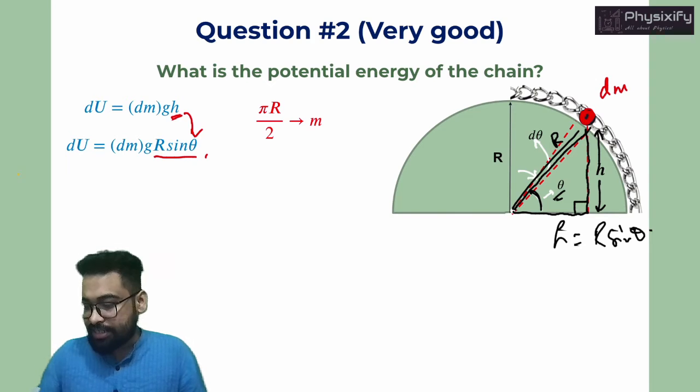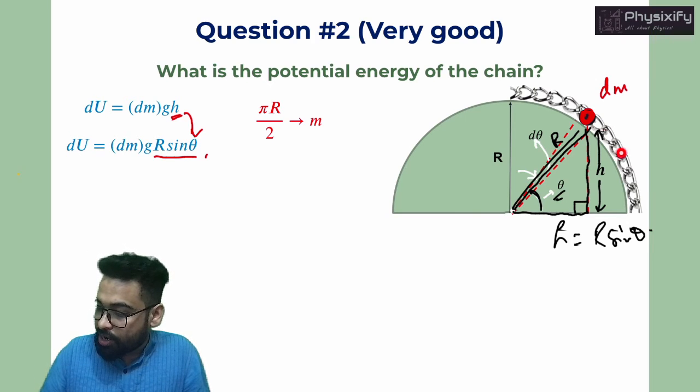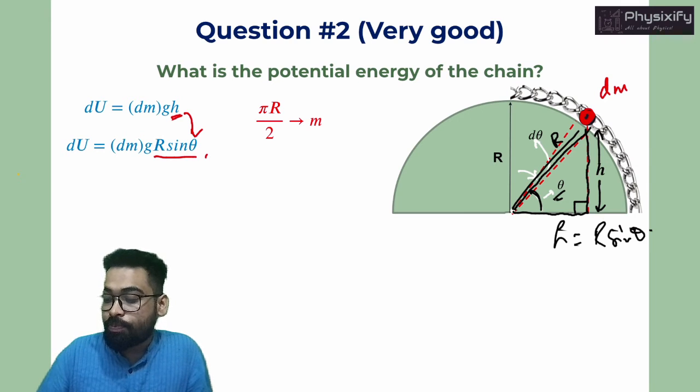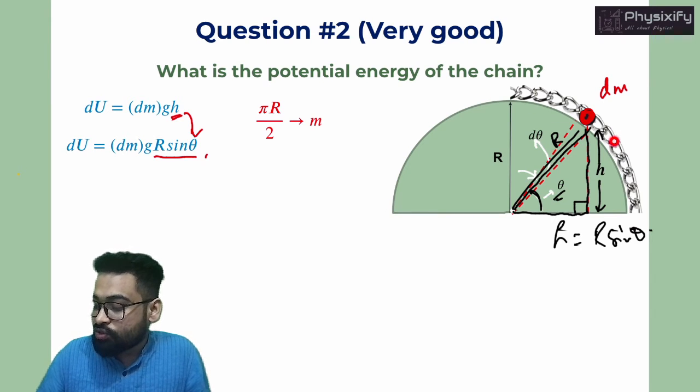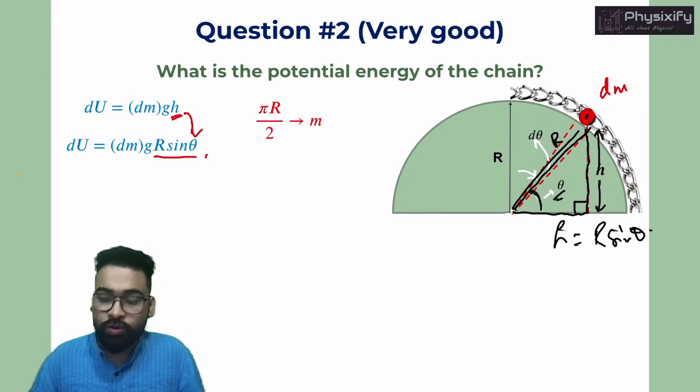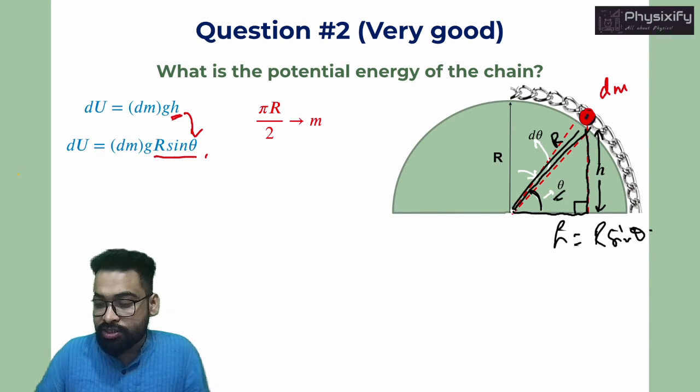What you can say is that this part of the chain, of full mass m, has a length pi r by 2, because the total would be 2 pi r, so this much would be pi r, and this much would be only pi r by 2. So pi r by 2 has mass m.